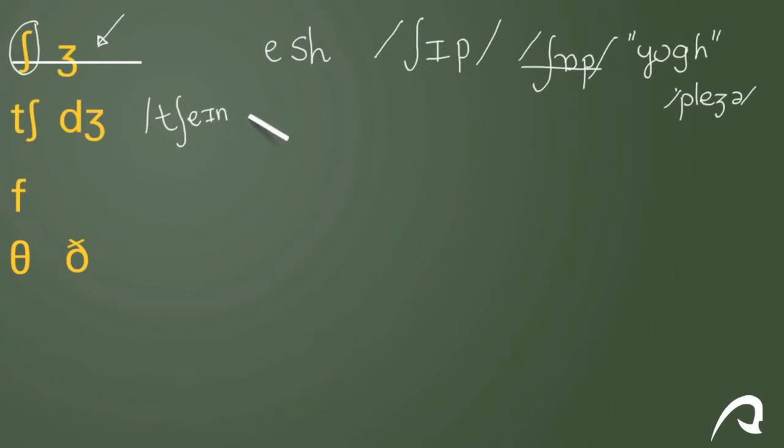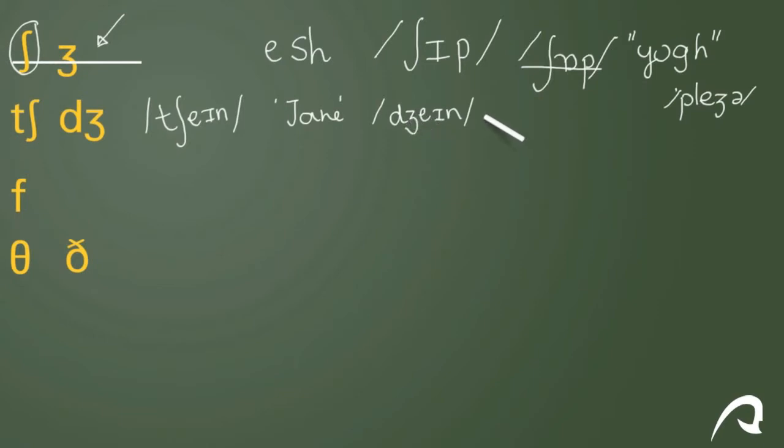Also we can find j in a word like Jane. So I'm going to transcribe this word, the name Jane, and it looks like this. Here we go, Jane. You can try transcribing it as well.